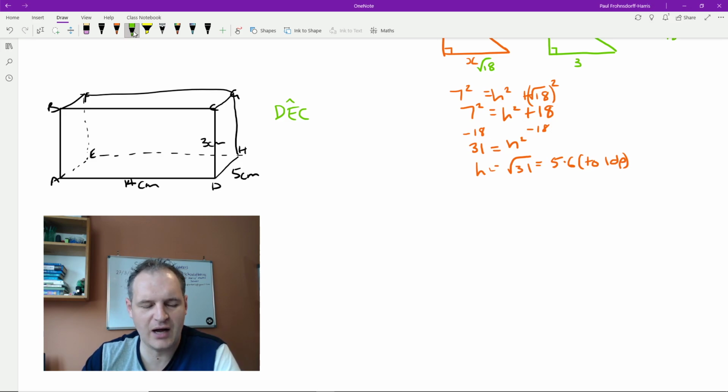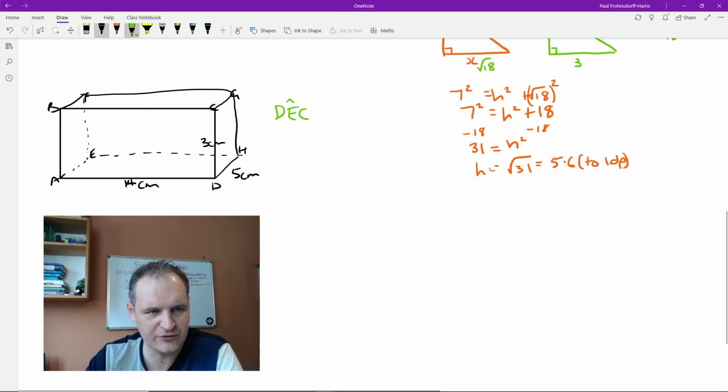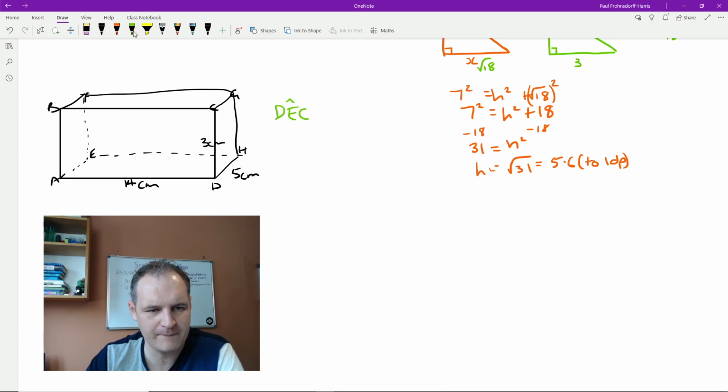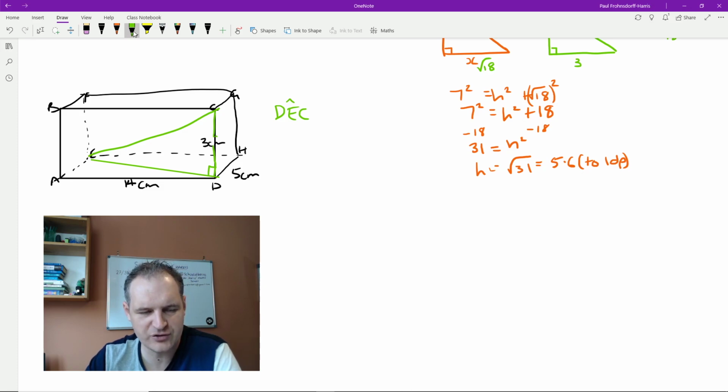To do that, again, I'm going to need to visualise what DEC is talking about. So I'm going to see if I can draw a straight line, DE, and indeed EC. And once again, I have this right-angled triangle wedge.